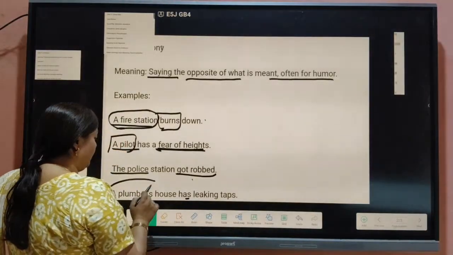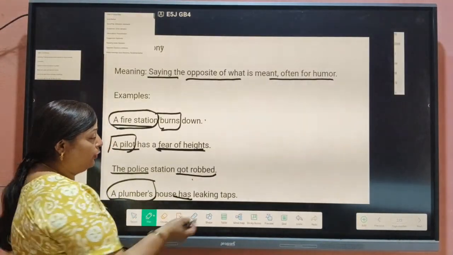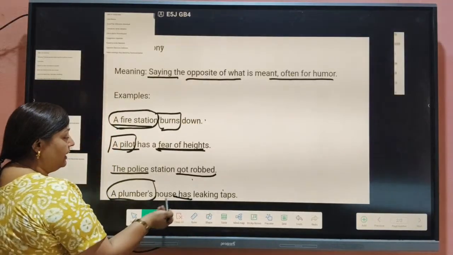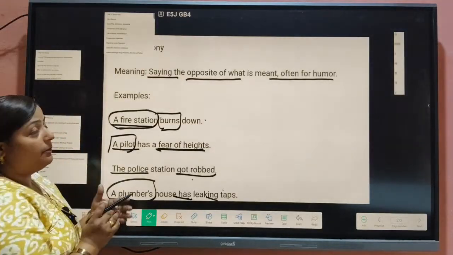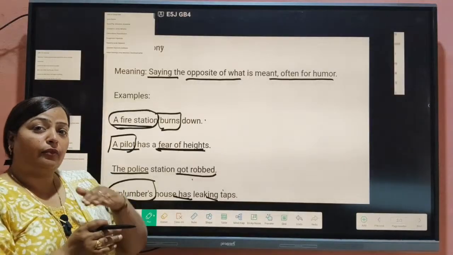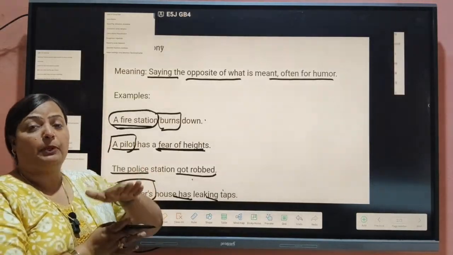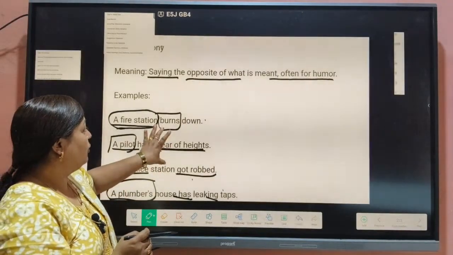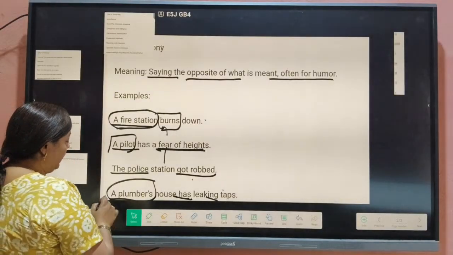Here a plumber's work is to fix taps, but his own house is leaking, and that's why here is irony. It means when there is irony, the thing for which a purpose is made is not doing the same thing properly. That's why there will be irony.